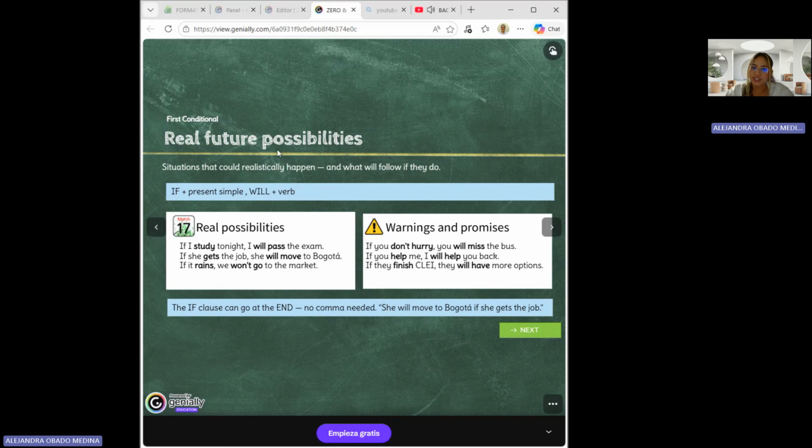Now the first conditional. The form changes: if plus present simple, will plus verb. See the difference? Now the result uses will. That tells us future, something that hasn't happened yet but could. Real possibilities.